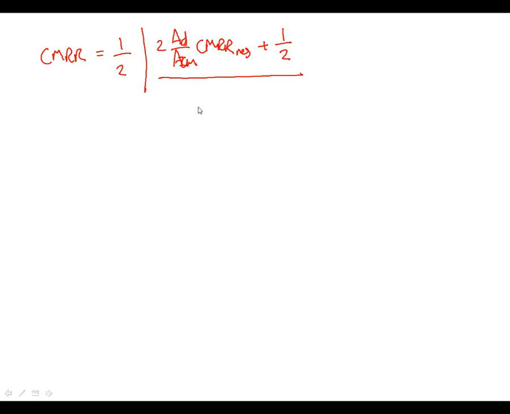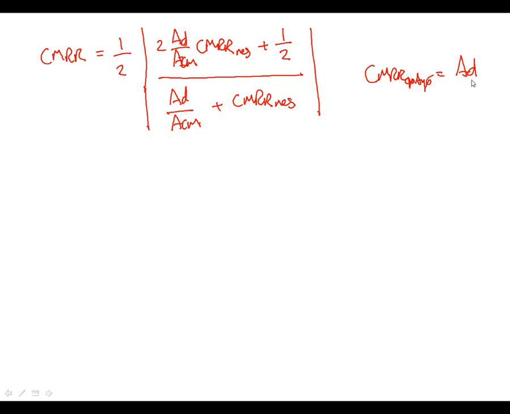If we divide that through, we divide by AD over ACM plus common mode rejection ratio of resistors. Now, common mode rejection ratio of the opamp is equal to AD over ACM. So this term here and this term here is effectively the common mode rejection ratio for the opamp.